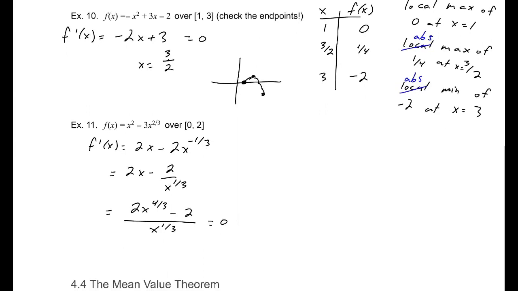a little bit of algebra tells us we have values at plus or minus 1, where it's going to be 0, and it's going to be undefined. The slope is at x equals 0. So let's go ahead and evaluate each of those.